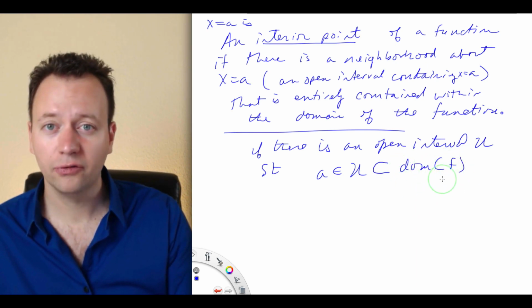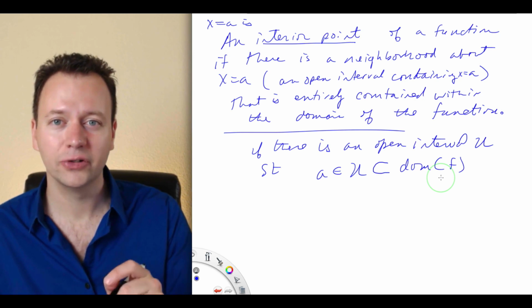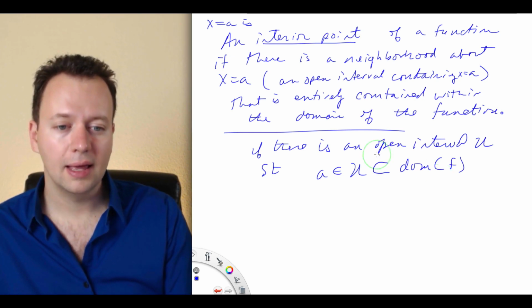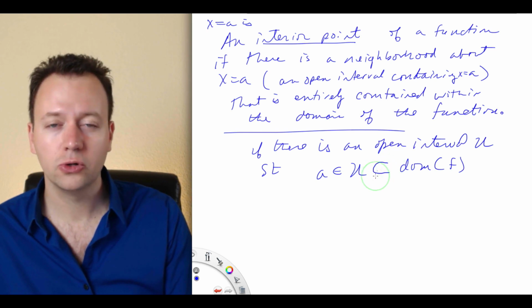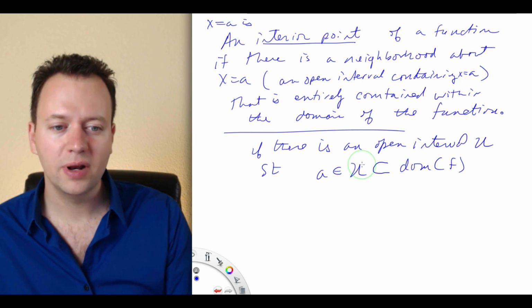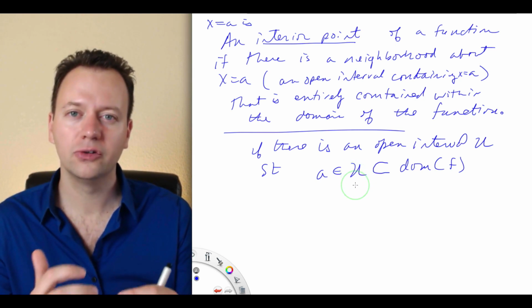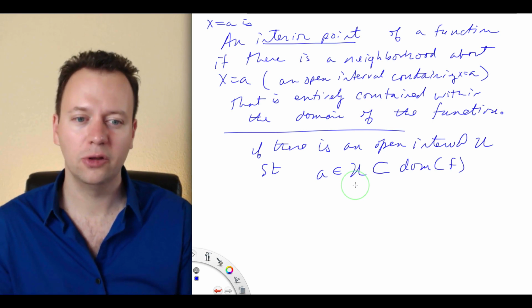So dom f refers to the domain of f. So it's the set of all x values for which the function is defined. And then this sideways horseshoe is a symbol for subset. So the open interval u is a subset of the domain, meaning that the open interval has to lie entirely within the domain of f.